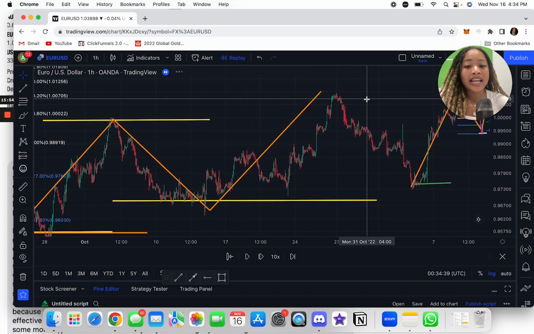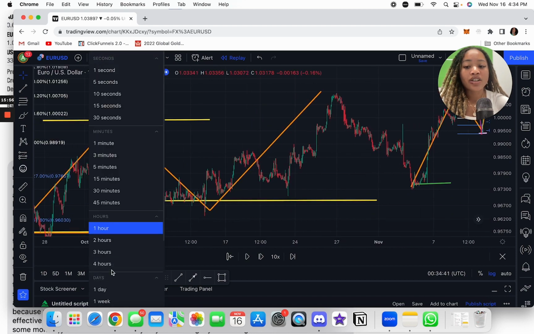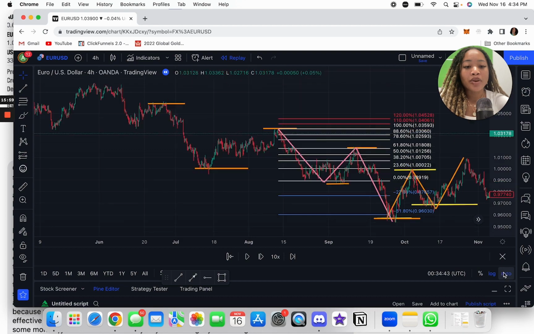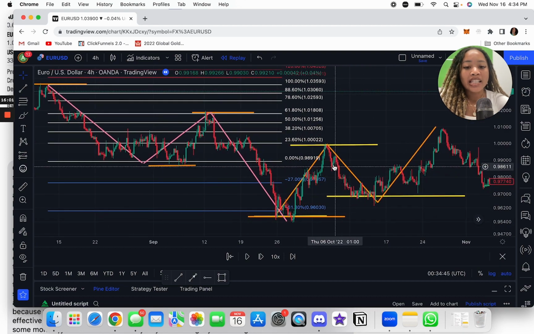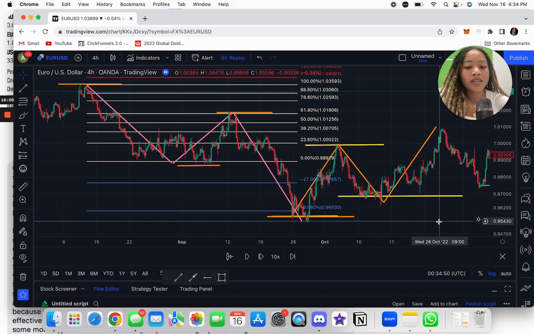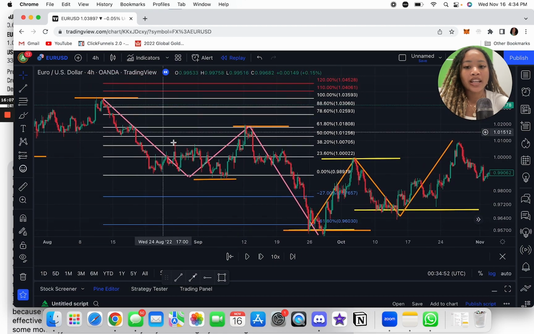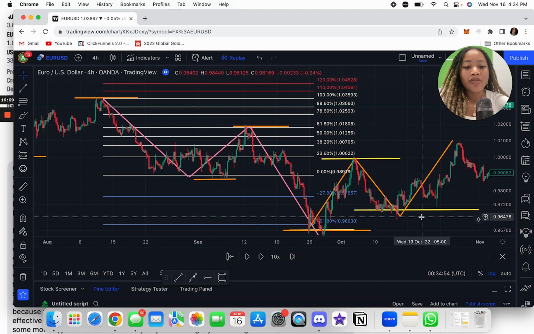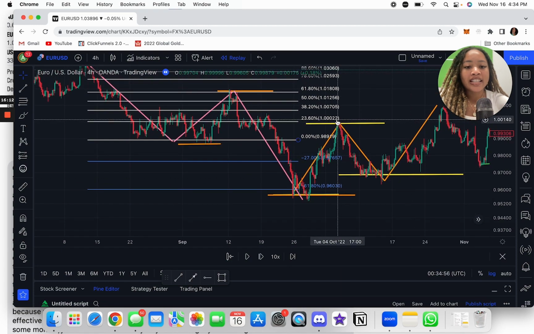Now, I would say when you're looking at structure, you need to pay attention to the highs being broken or lows being broken. Because like I pointed out, with this trend that we were looking at, it was in a downtrend. If price created this high, which is lower than this high, that's still showing we're in the downtrend, right?